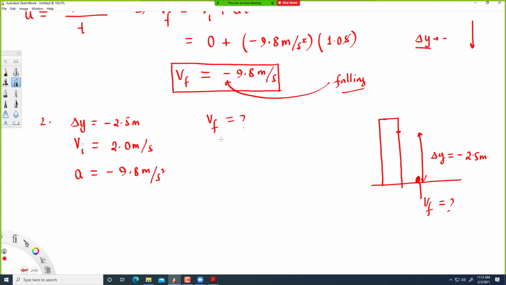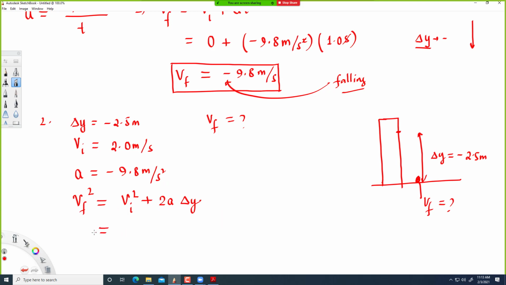You need to decide which one you want to use. Okay, so for this one, you can use Vf squared is equal to Vi squared plus 2a delta y. In the horizontal motion, we had delta x here, but now we have delta y. Everything else is the same.